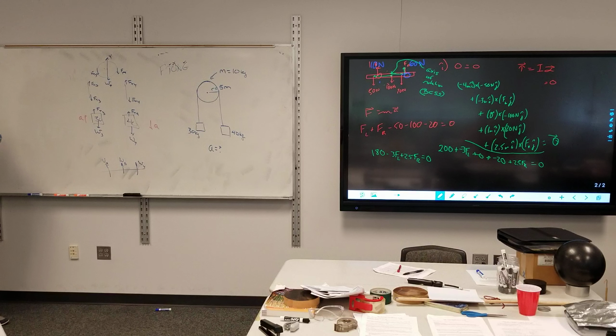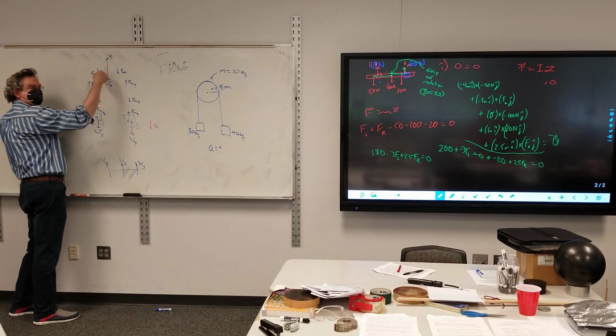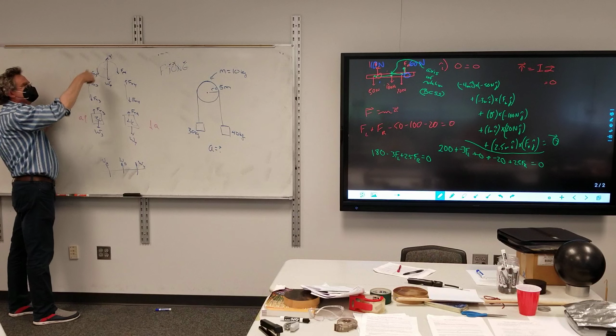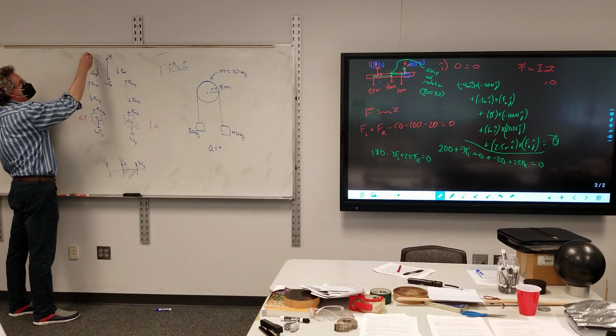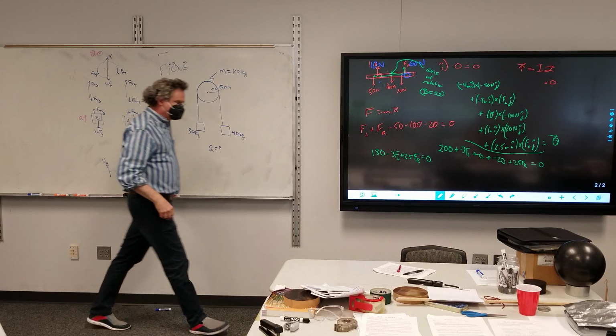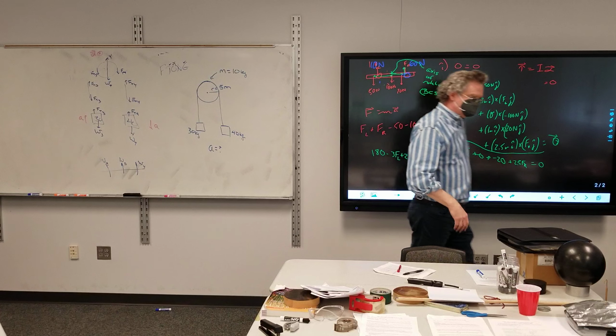Which way is the wheel going to accelerate? Out of the board? So the wheel's going to accelerate, go around like that, and rotate this way, into the board. All right, so this will have angular acceleration into the board. We don't need to break up anything.